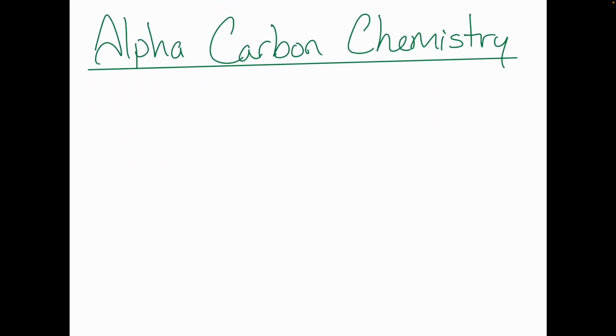Okay, so the first thing we're going to talk about with regard to alpha carbon chemistry are alkylation reactions. All right, so we're going to take an aldehyde or ketone.